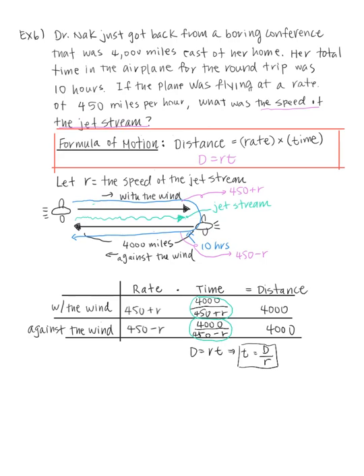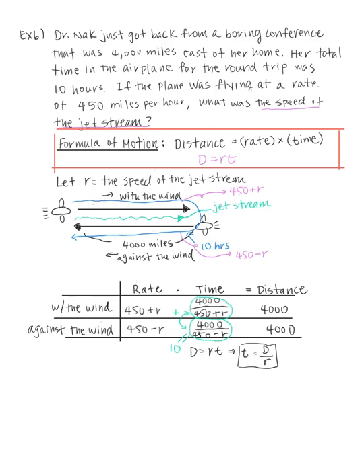But the thing is, what else do we know about the time? It took 10 hours for the round trip. So that means that if I add these two together, it has to equal 10. So I'm going to write that out over here. Now I'm going to clean it up a little bit and write down what we just talked about.